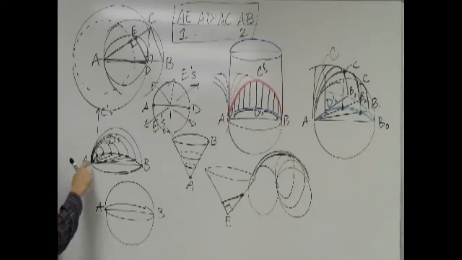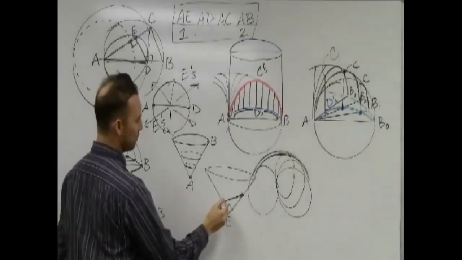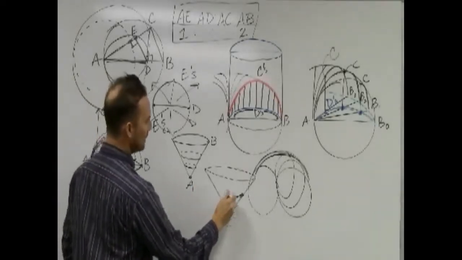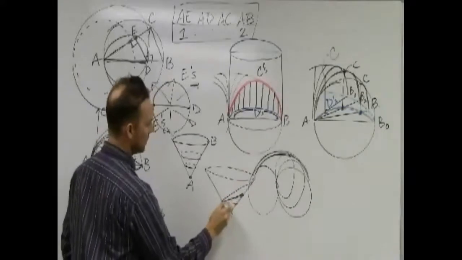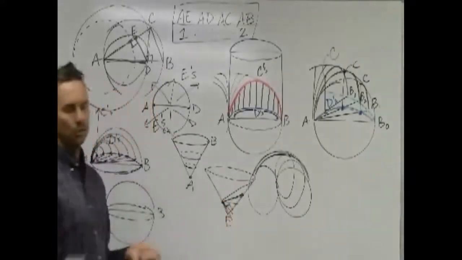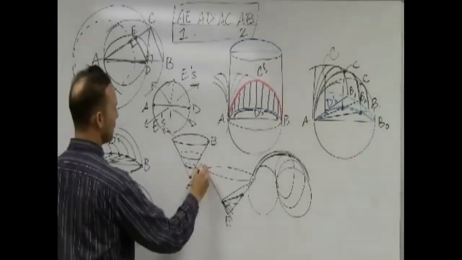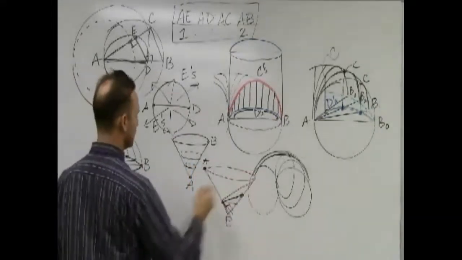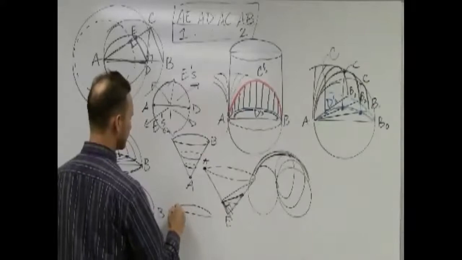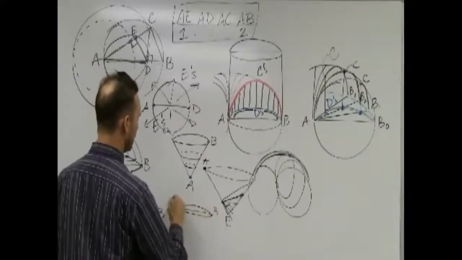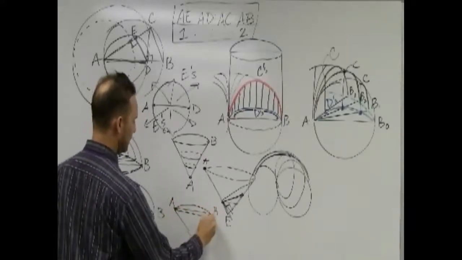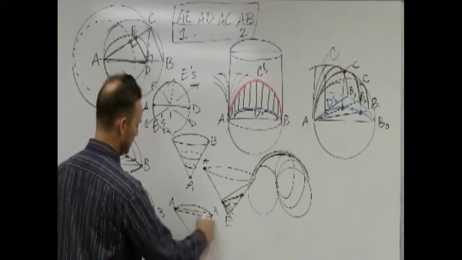If I picked a point on a sphere, like this point here, and I did these cuts, would those be circles? No. Or if I said this was A and this was B, let me do it down here.